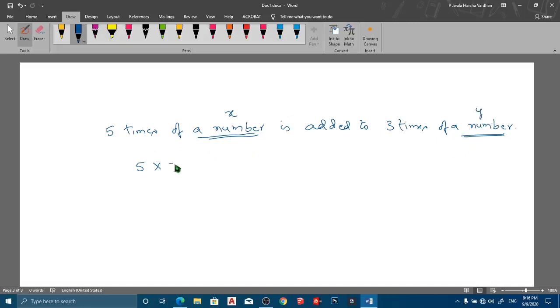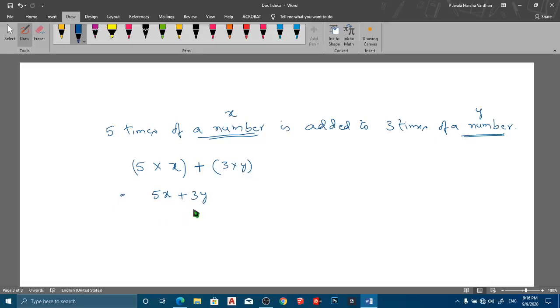So 5 times of x is added to, and is added to means how can you write this? Take the plus sign in between them. 5 times of x is added to 3 times of another number, which is 3 times of y. So by simply writing this, removing the into signs, you can write 5x plus 3y.